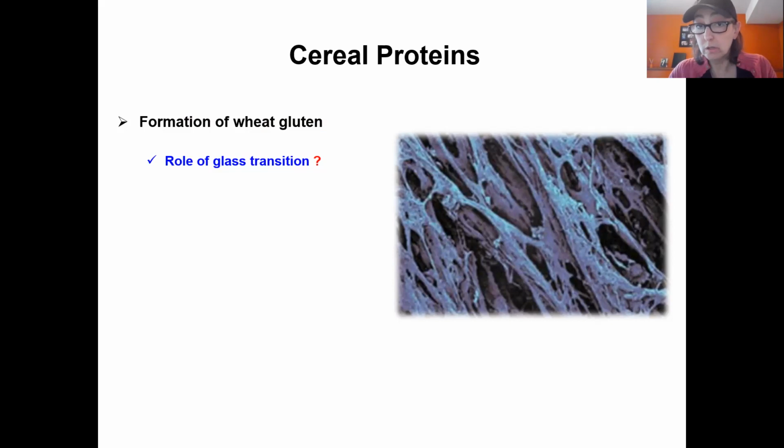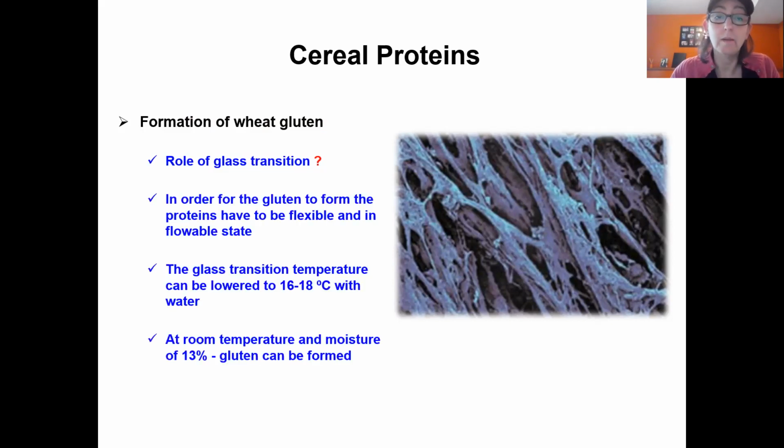So for gluten in particular, like I said earlier, you can form the dough at room temperature at a particular moisture content. For example, 13% moisture would give you, at room temperature, the ability to form gluten. But you can form it at lower temperature if we add more water.